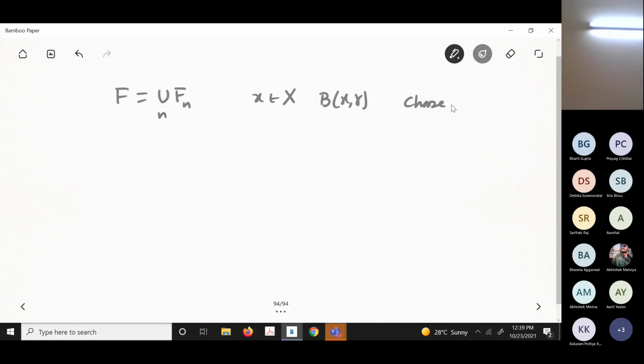Choose m belongs to N such that 1/m is less than r. Now look at B(x, 1/m).